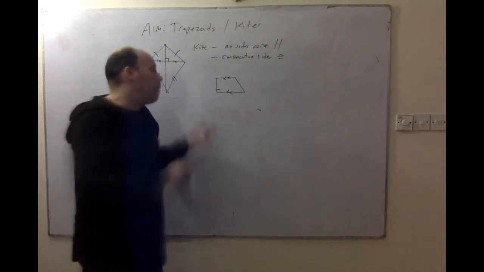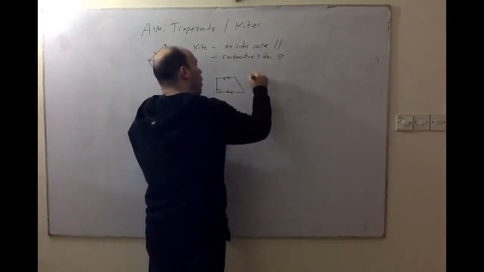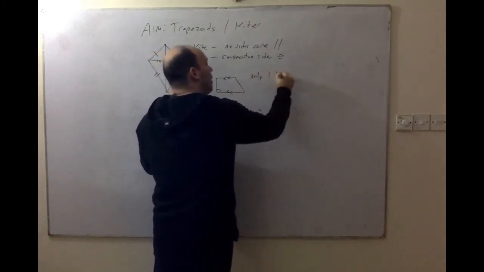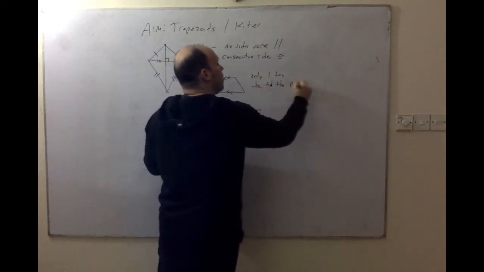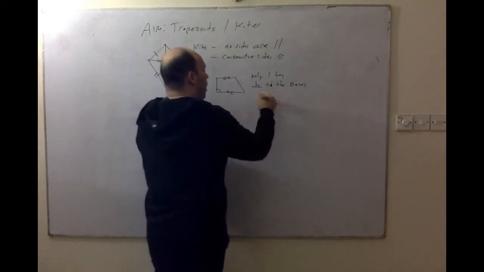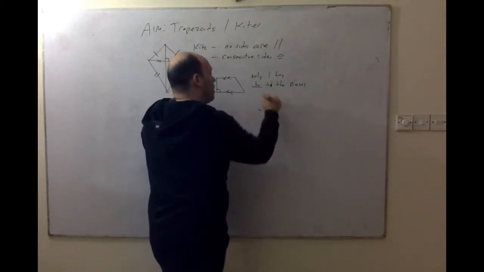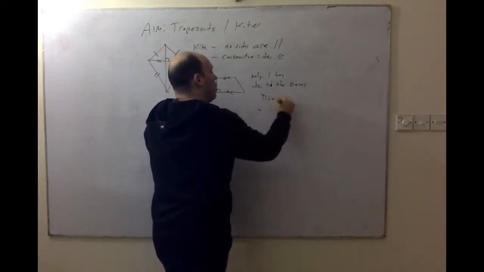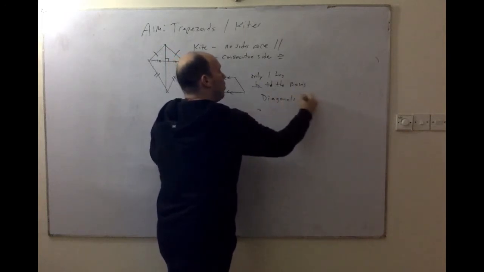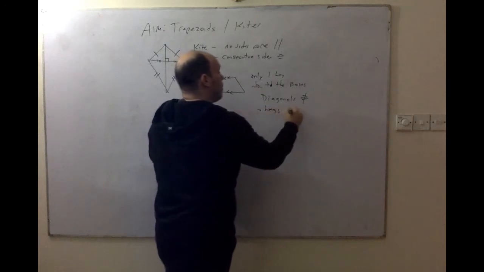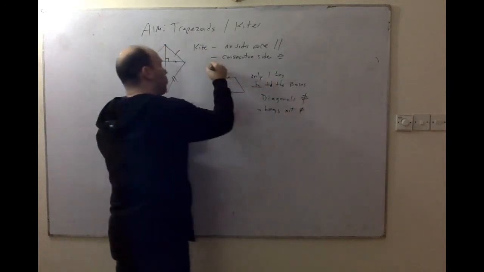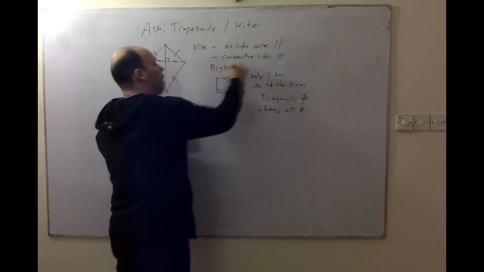Once again, only one leg is perpendicular to the bases, the diagonals are not congruent, and the legs are not congruent. That is a right trapezoid.